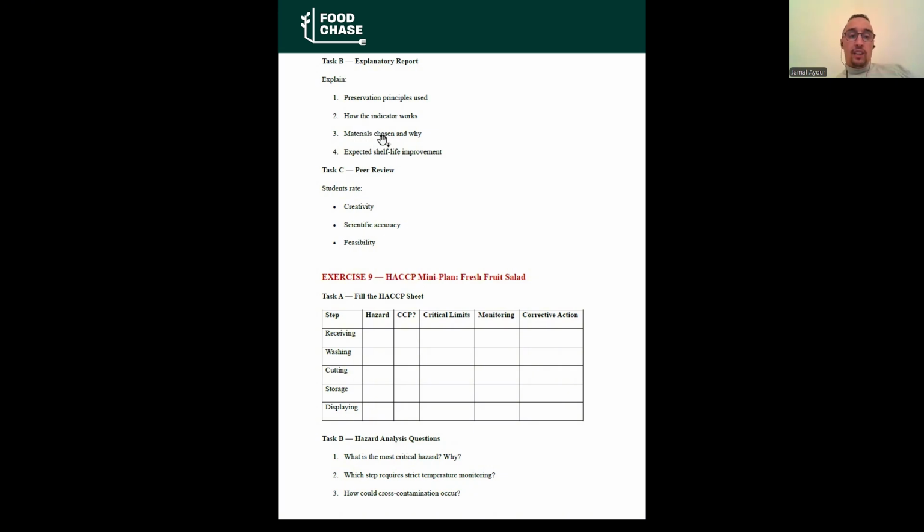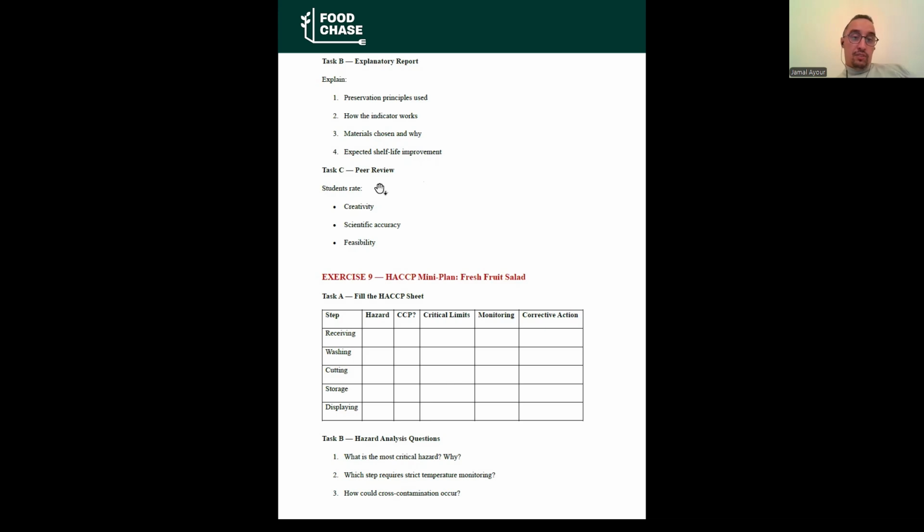Describe how the indicator reacts to pH, for example, or to other conditions, the materials chosen, why the expected shelf life improves, and then define why we use this prototype for your packaging.